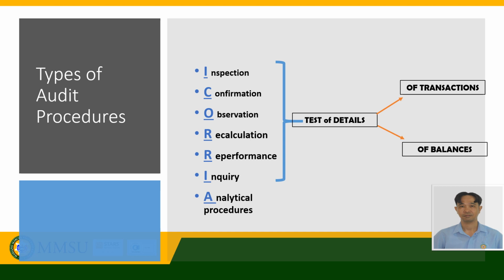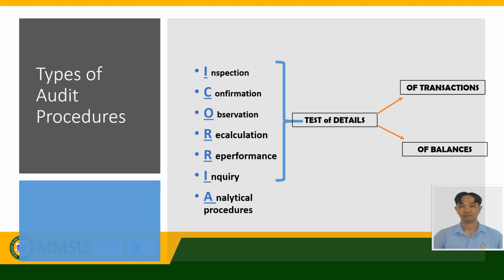Yung sa test of details of transactions, yung transaction mismo ang binibigyan mo ng pansin. This can be applicable for smaller volume of transactions na hindi masyadong mahirap na tignan. Like for example, property, plant, and equipment, bonds payable, and shareholders' equity.